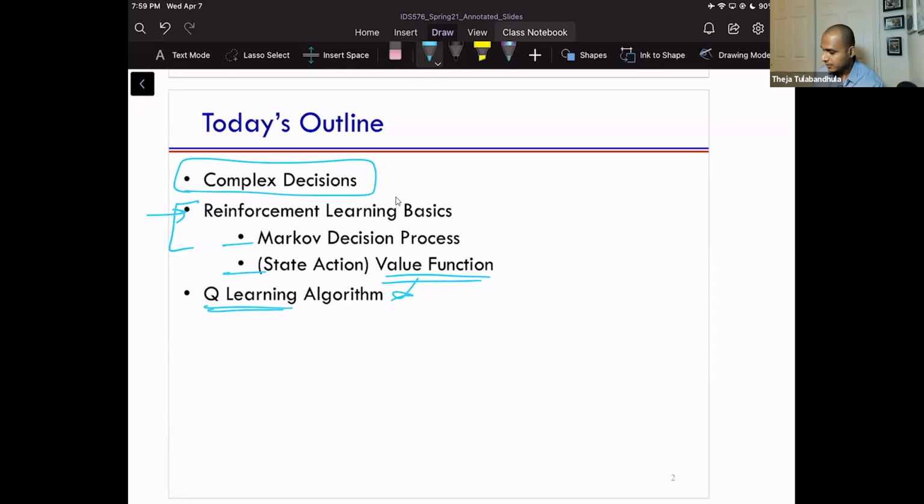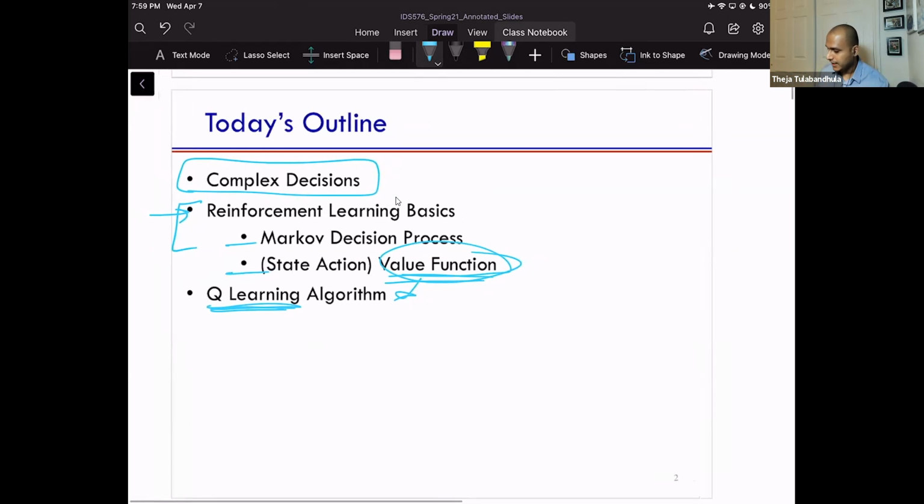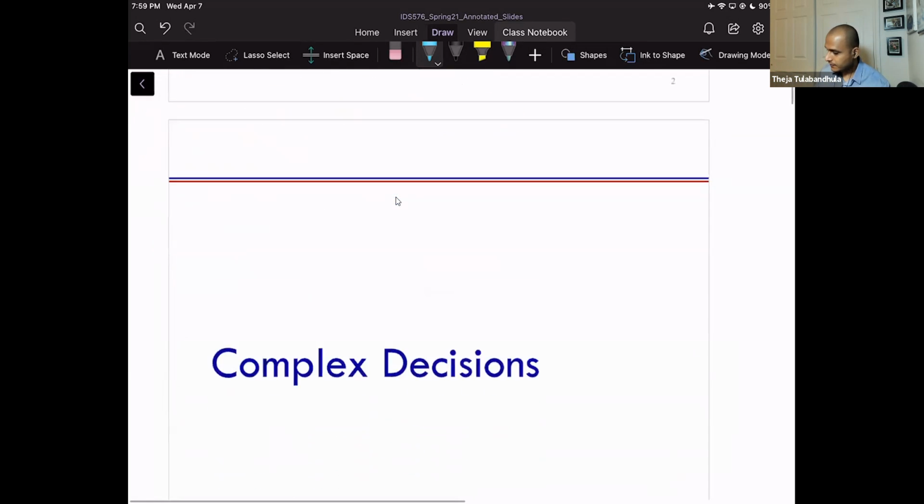We'll only look at one algorithm, but there are many. Many researchers keep suggesting new algorithms adapted to different situations, taking advantage of the structure in the application, but we'll not look at many of these other variants. We'll look at one prototype solution strategy, which is based on this intermediate idea called value functions. So with that, let me get started.